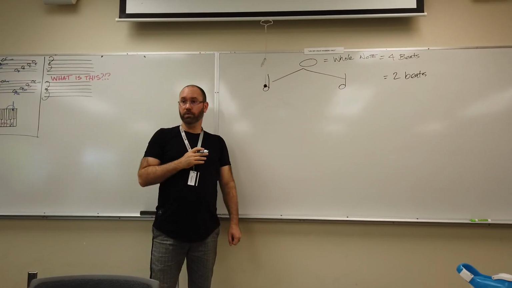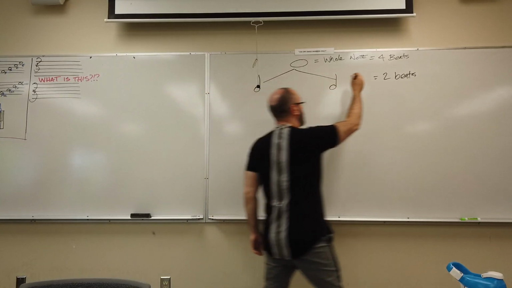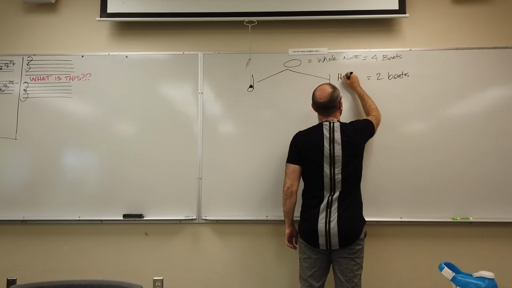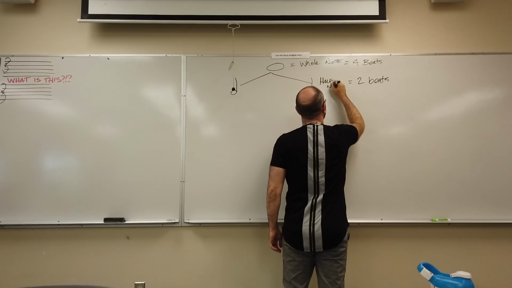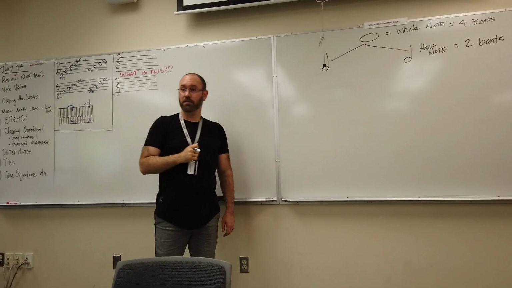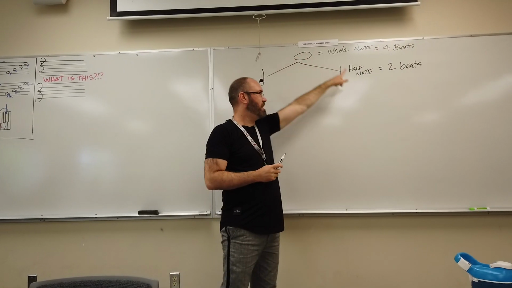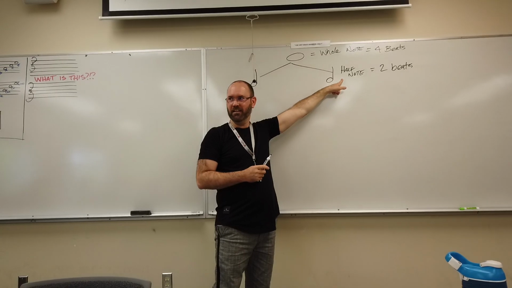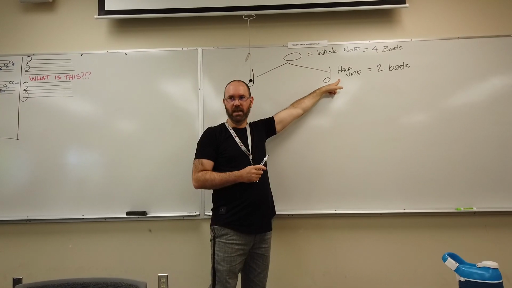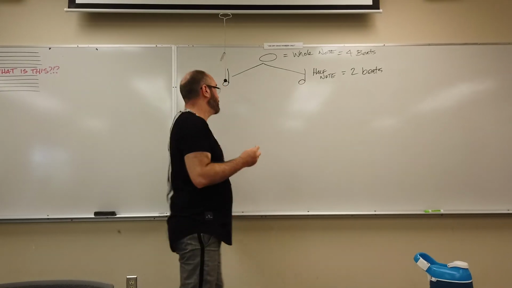So now our whole note has been split into these 2 parts, and this is called a half note. And a half note gets 2 beats, because we took the whole note and we cut it in half. Do we see that? Okay, I'm going to try to make this so clear to you that you'll never forget.